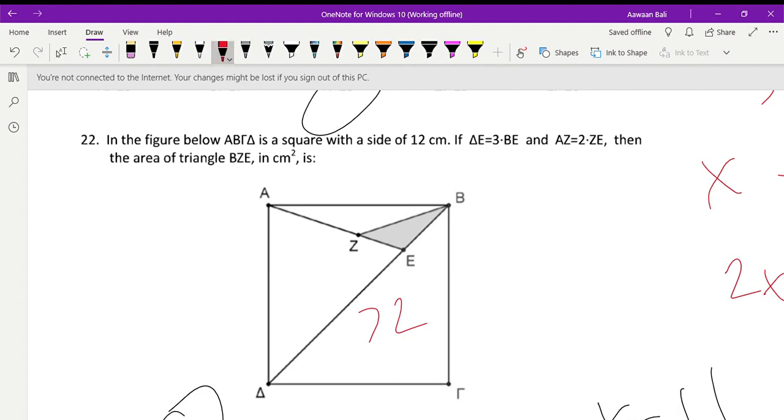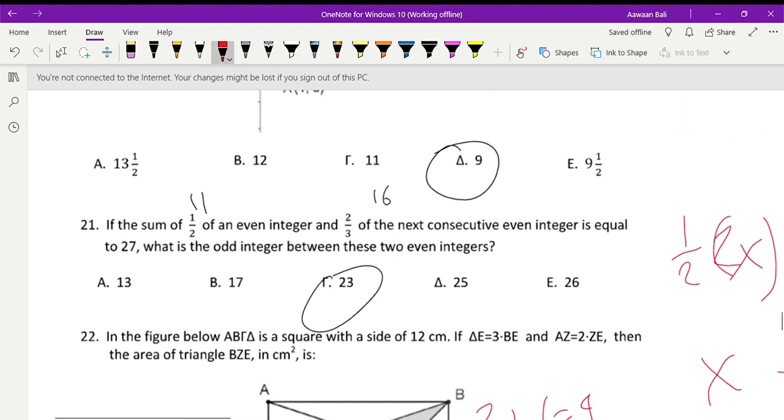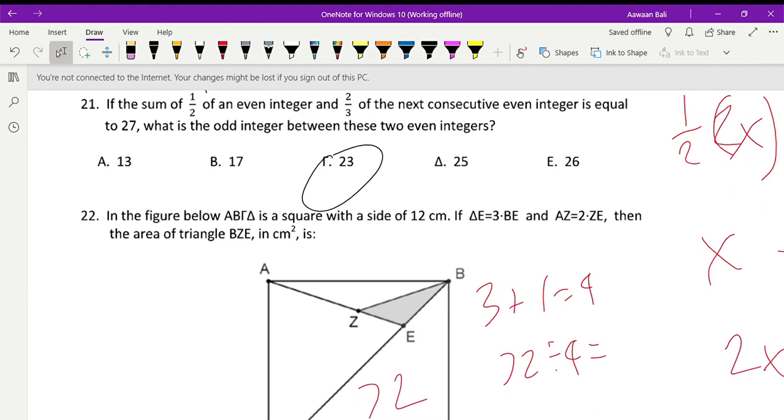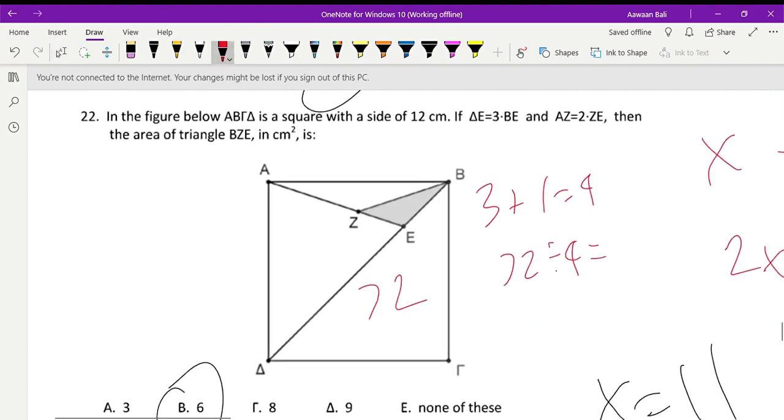Now, if we look at this, it says this is 3 times this, which means that the area is definitely 3 times this area. So we could just do 3 plus 1 is 4. 72 divided by 4 is 18. So you get 18.